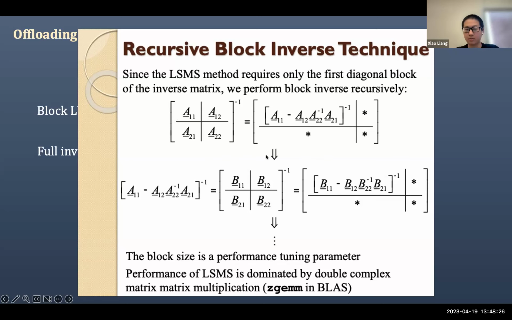On CPUs we use this technique. On GPUs we just use the whole matrix inverse, so it's much faster than this implementation.